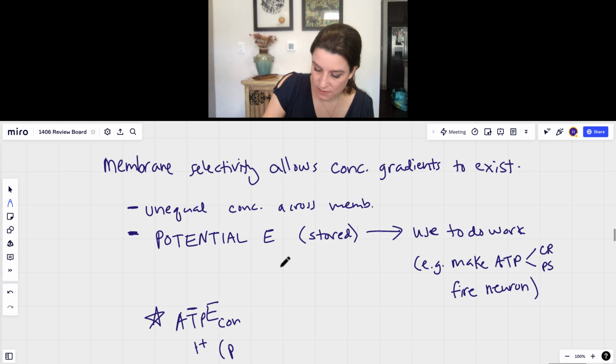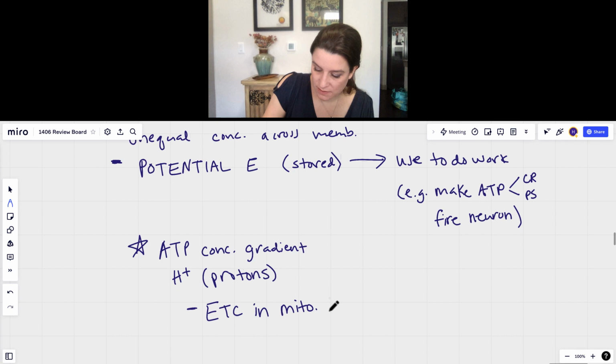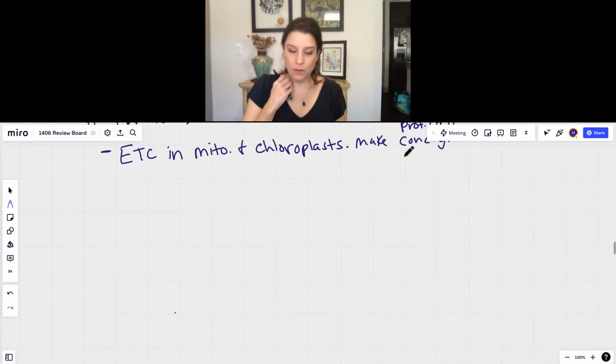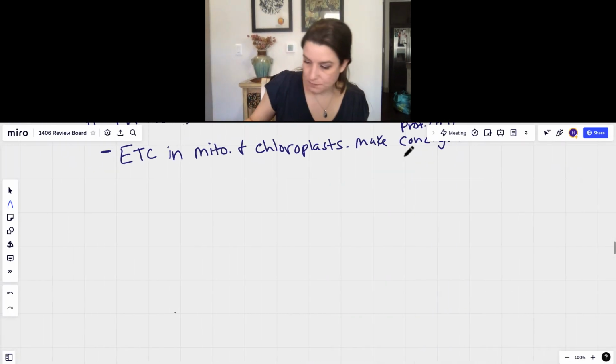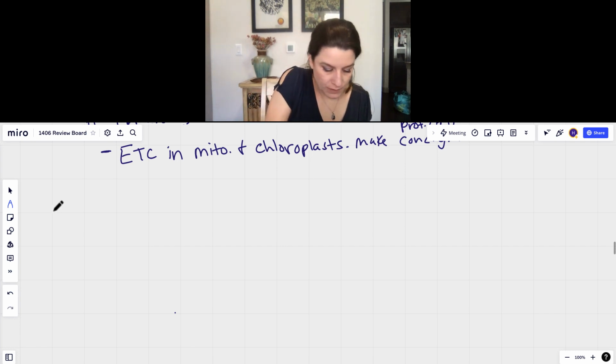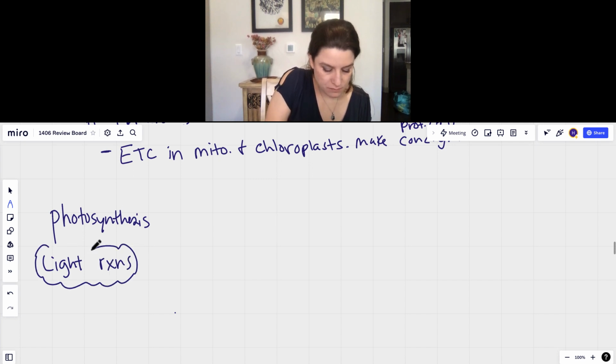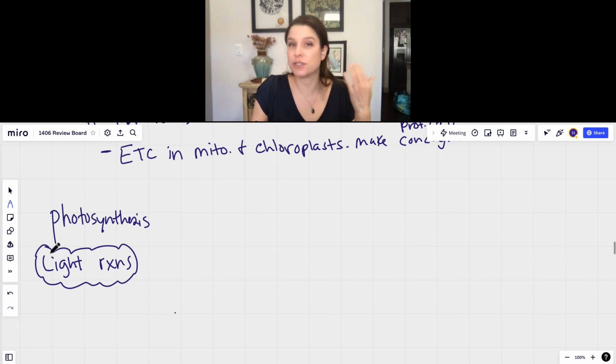And that gradient is created by the electron transport chain in both mitochondria and in chloroplasts. Okay. So when is ATP made in photosynthesis? The light reactions. Remember, only enough ATP to actually run photosynthesis, not enough to run the cell.